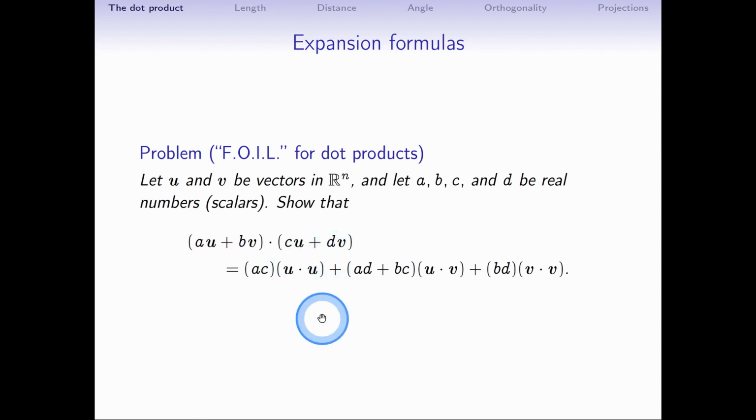What I'll show you, and we'll do this together over at the document camera, is that we can reduce that down to what we're seeing here on the right-hand side. The main idea is that we can carry out this dot product operation just as we would ordinarily multiply a pair of binomials. So join me at the document camera and I will show you how we can turn this left-hand side into the right-hand side.